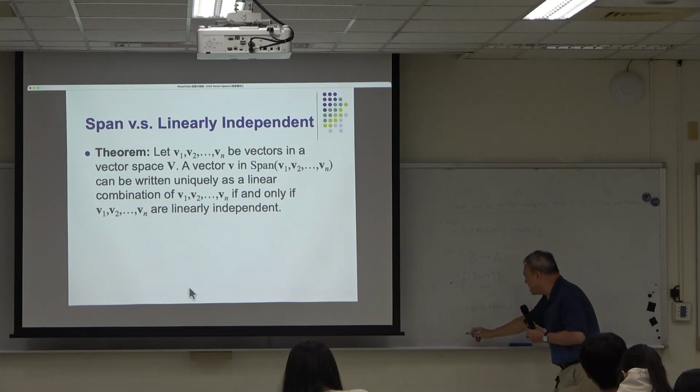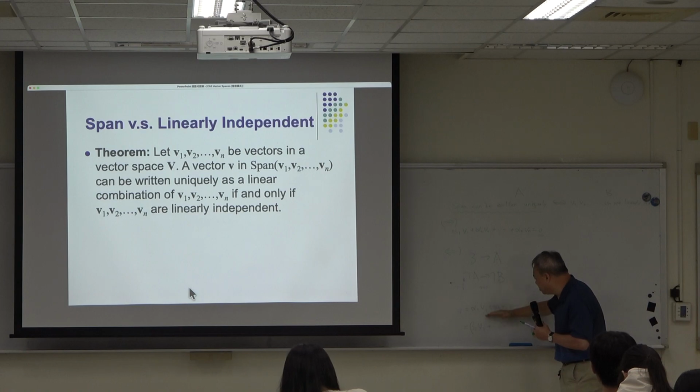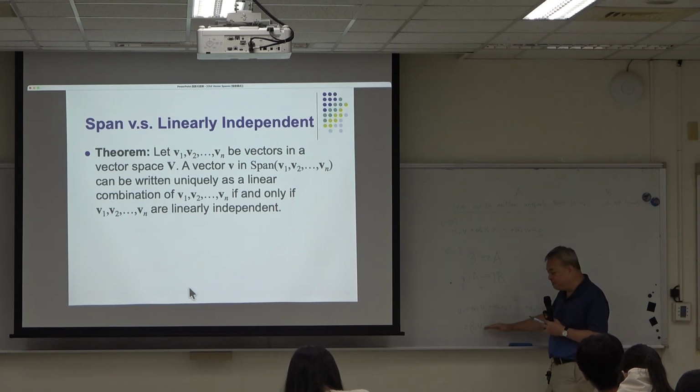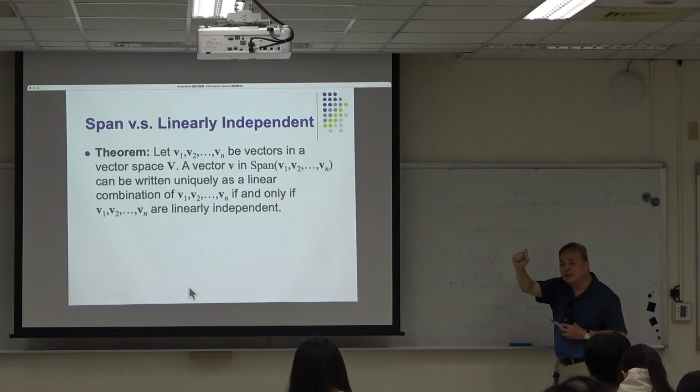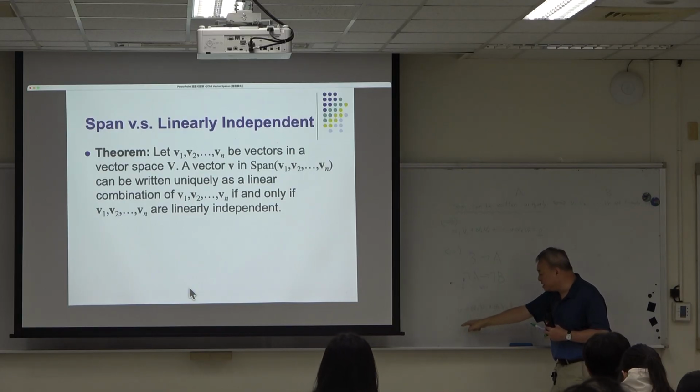Because both of them equal V, if you subtract, you get V minus V, which is 0.